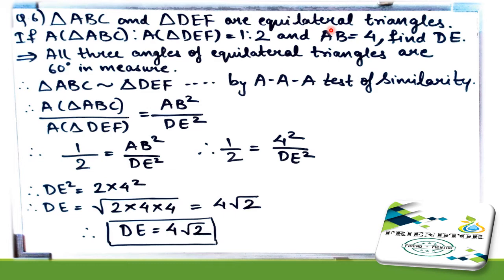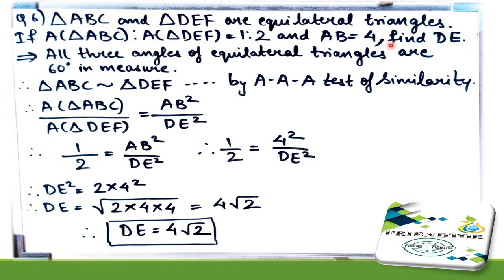Okay, correct? If two pair of sides are equal, then we say it is isosceles. If all 3 sides are equal, then we say it is an equilateral triangle. And one more observation is, all the 3 angles of that triangle are 60-degree.